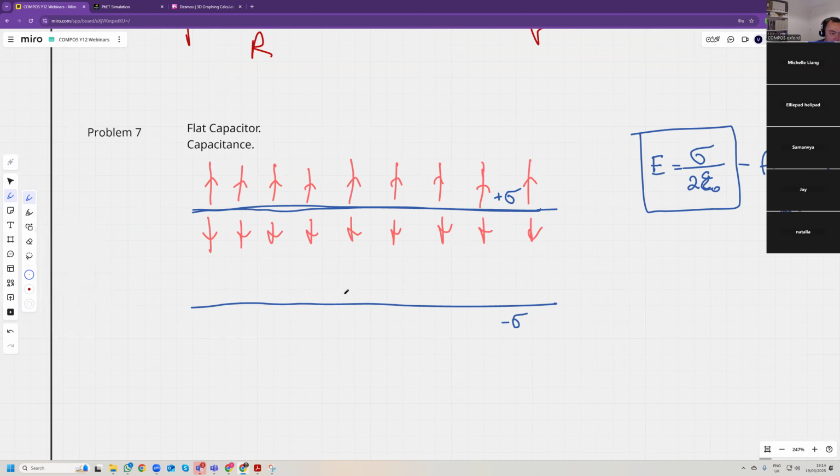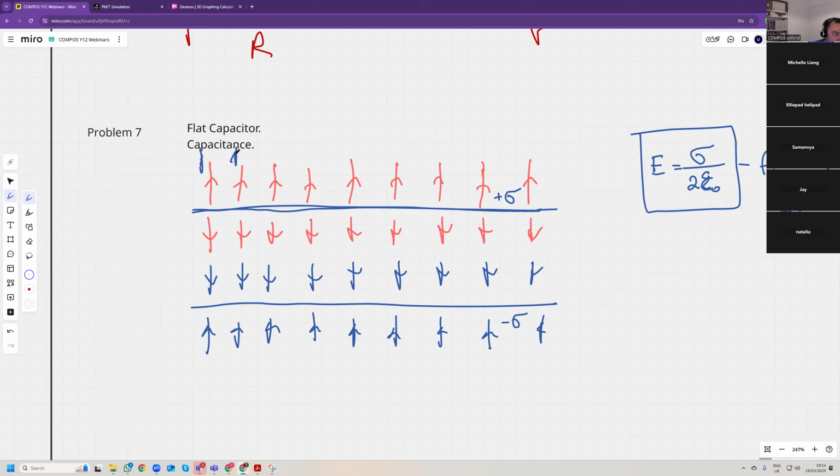Whereas the bottom plate produces a field in that direction. It expands beyond, so it's here as well.